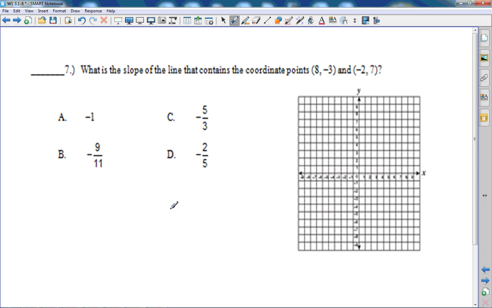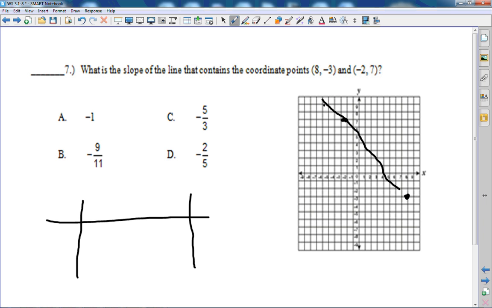Here's the next one. What is the slope of the line that contains the coordinates (8, -3) and (-2, 7)? You can do this a couple of ways. One way, I could graph it. I could go to 8 and negative 3 and put a dot. I could go to negative 2 and 7 and put a dot, and then connect my line.